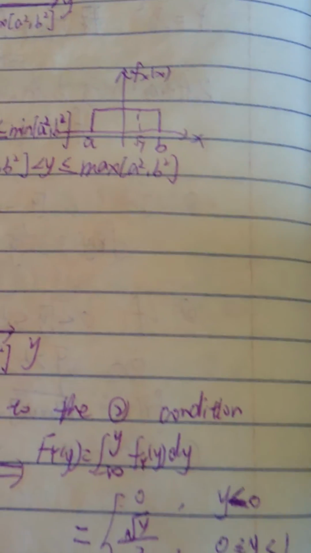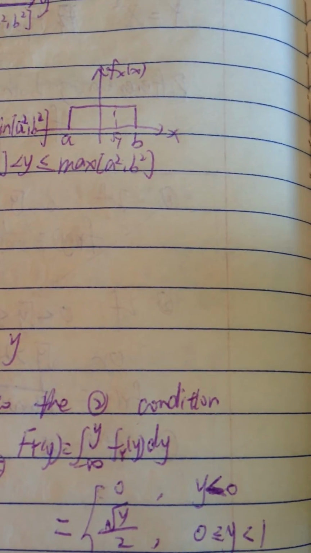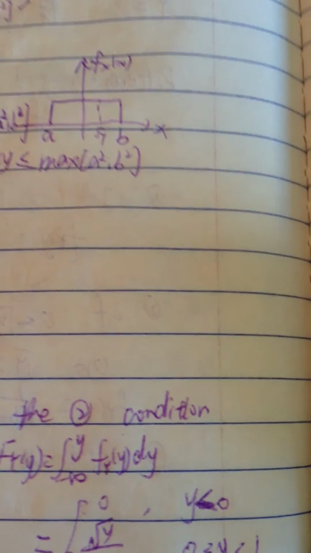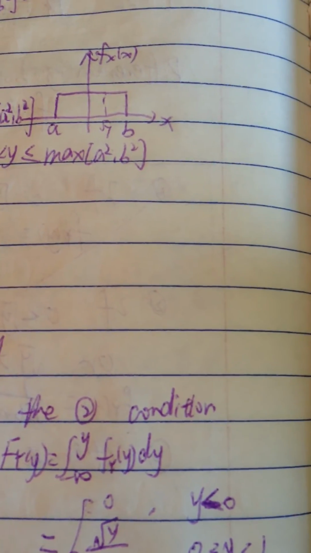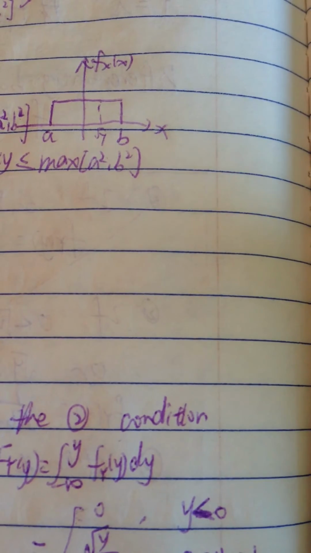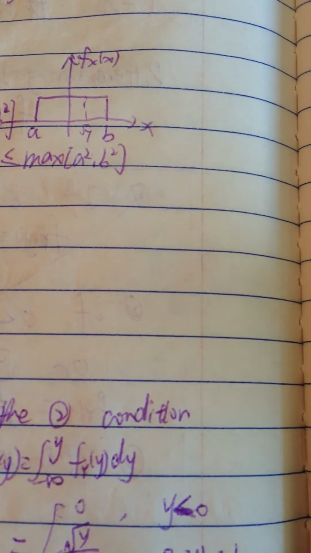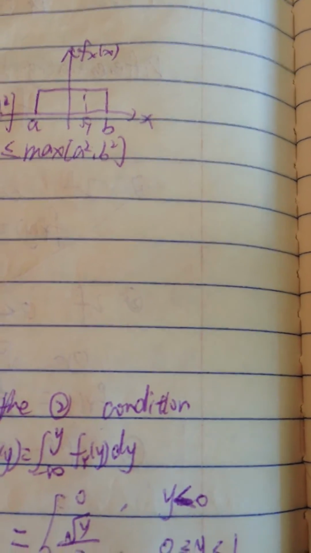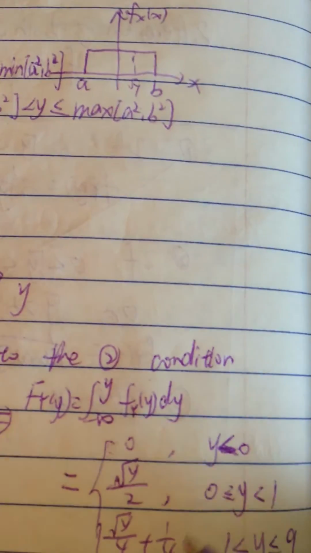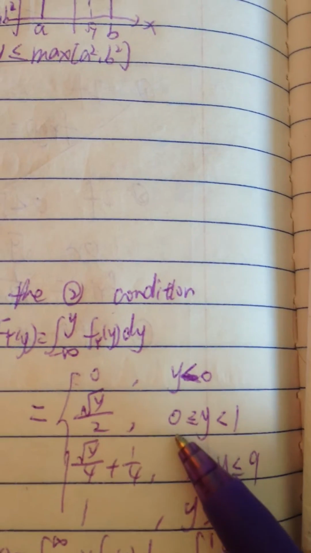According to the definition, capital F of y equals the integral from minus infinity to y of fy of y times delta y. We can easily find the answer like this.